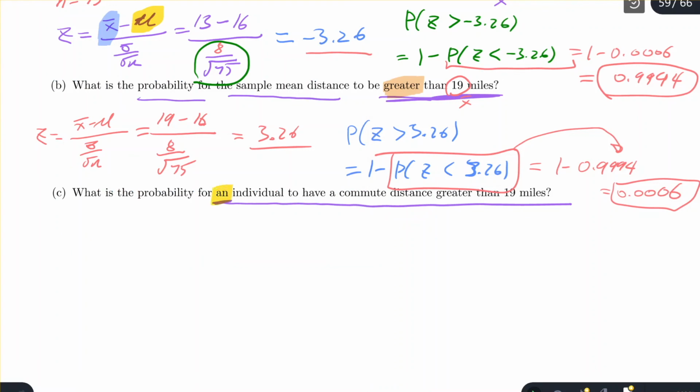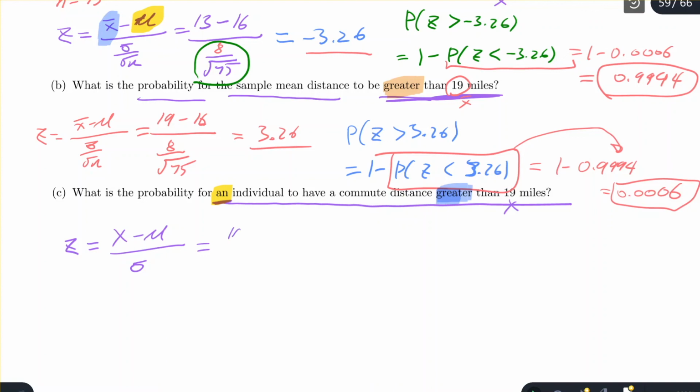We're selecting one individual. What is the probability that one individual I randomly select has a commute distance greater than 19 miles? Also greater. We also have to pay attention to that wording as well. So let's find the z-score. The z-score is x, in this case x, because it's not a sample mean anymore, just one value, minus the mean, divided by the standard deviation.